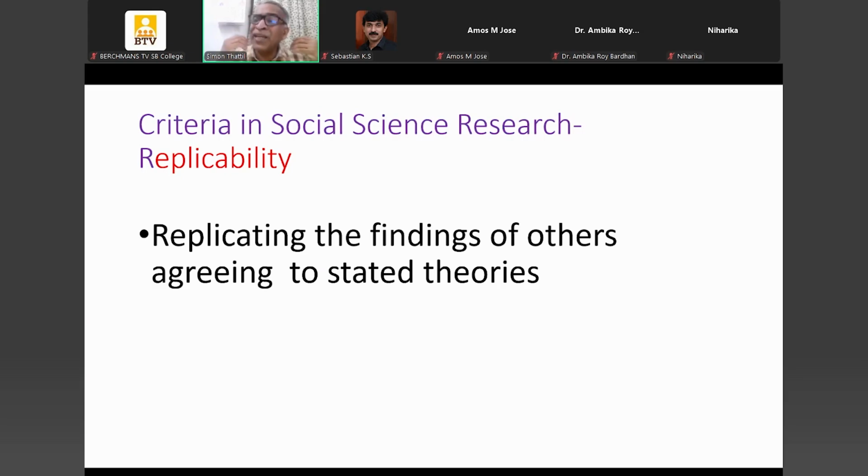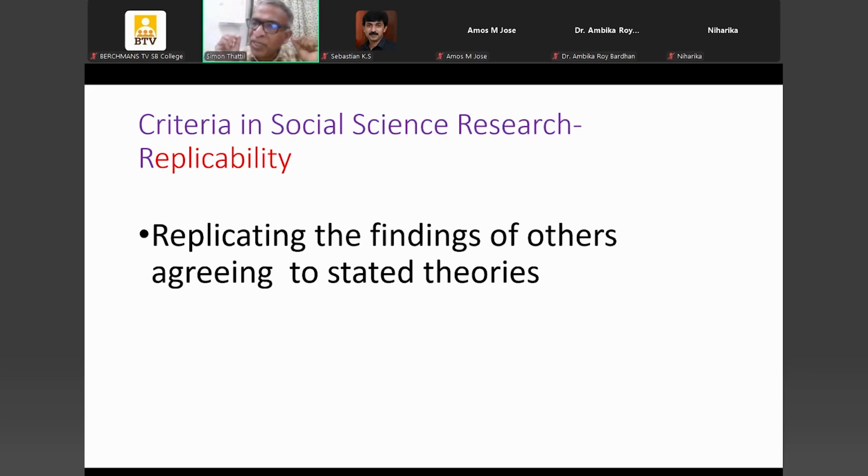And there are also cases where we are actually not at all linking with the theories. So replicability or replicating the findings of others shows that it is valid. Because something which somebody said, I did a study in another context with another community in another village, or I studied how motivation is having an effect on one particular industry, and I'm finding that the general theories there are valid. So that is replicability. So if you're able to further strengthen something, that does not again mean that it is always moving in that line.